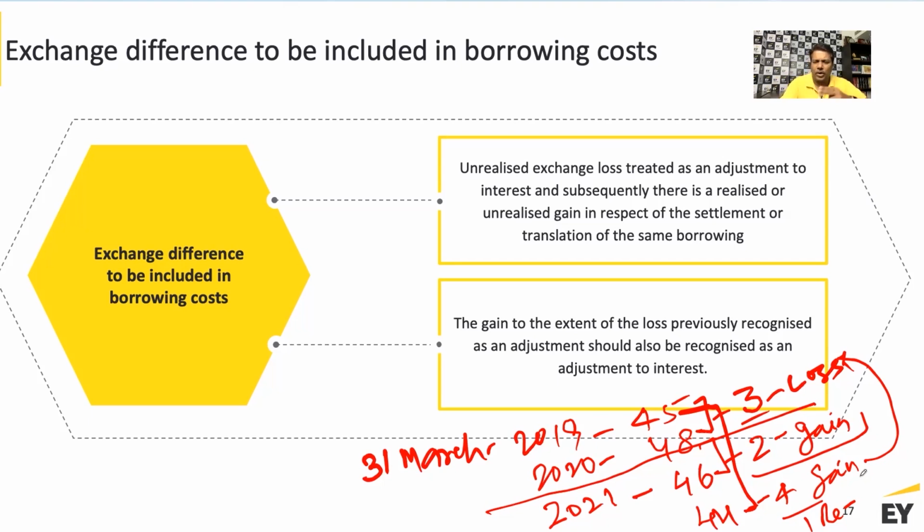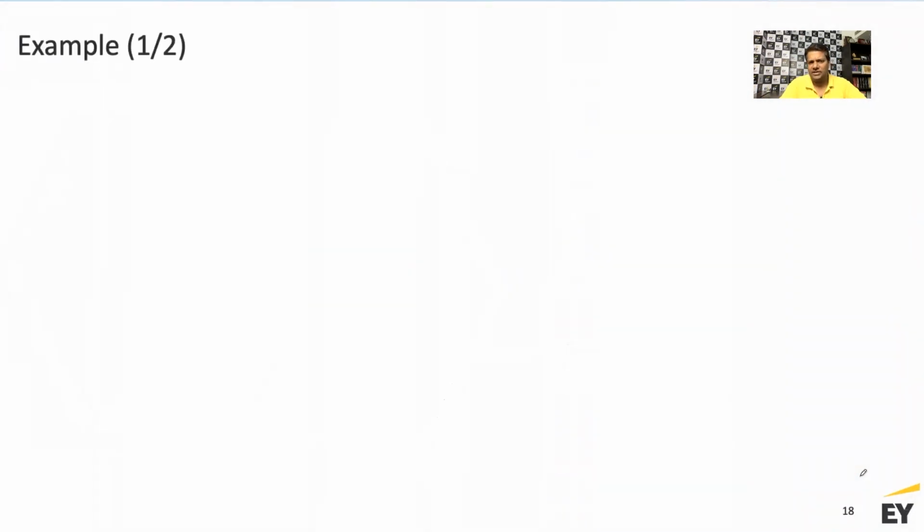You're going to capitalize in one period, you're going to decapitalize in another period. If the gain is much more than the loss which you previously recorded, then that is actually an exchange gain which you will record in your P&L as a foreign exchange gain, and appropriately, of course, revalue that liability in your balance sheet as well.